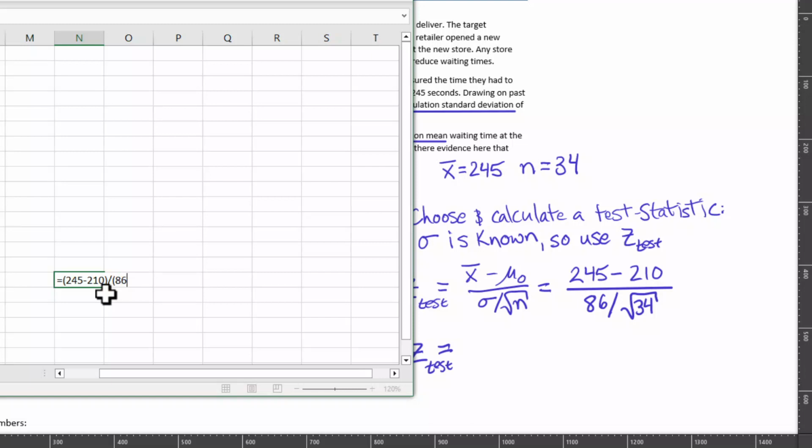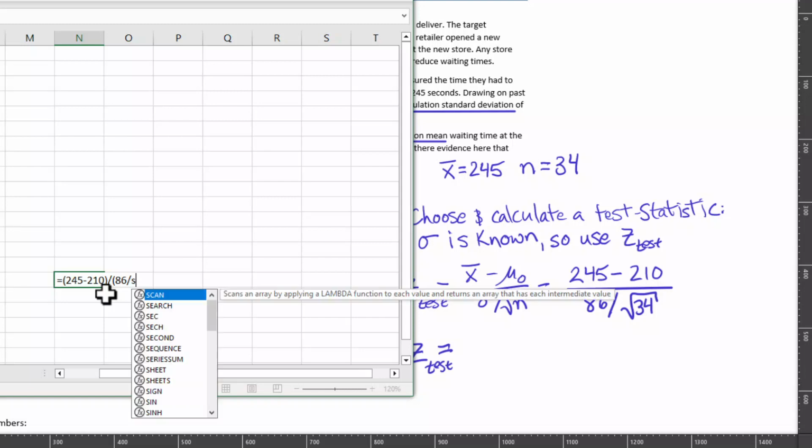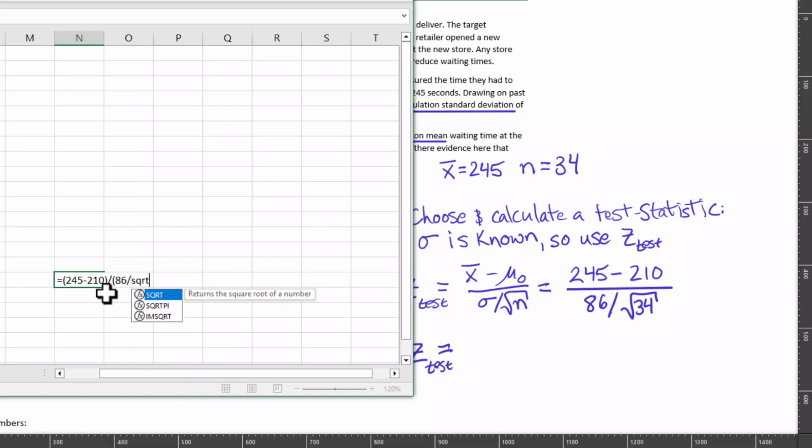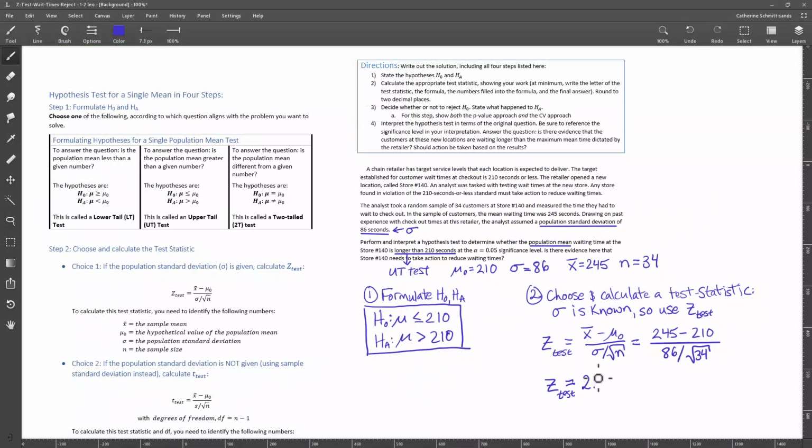Open parentheses, 86 divided by SQRT, which is the function in Excel, open parentheses, 34, close parentheses, close parentheses. Hit enter, and you get 2.37306. Rounded to 2 decimals, that is 2.37. And there we have our z-test statistic.